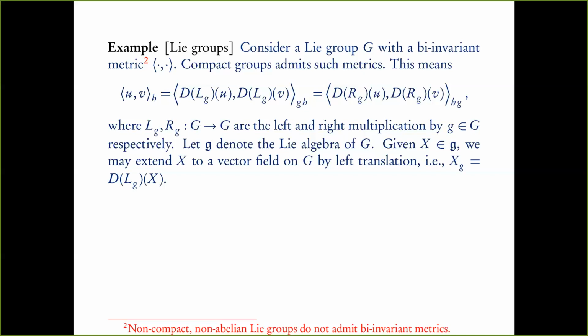If you do this for Rn, for example, left translation simply does nothing. So if you have a constant vector at 0, left translation will simply generate the same constant vector field everywhere. That's what left translation is for Rn.